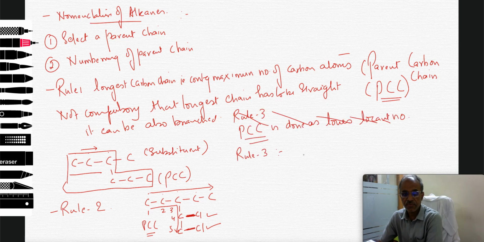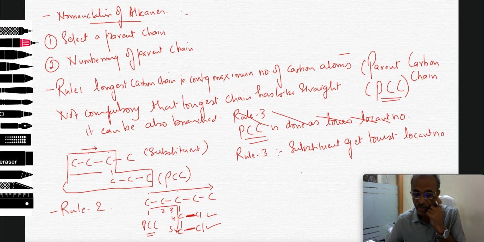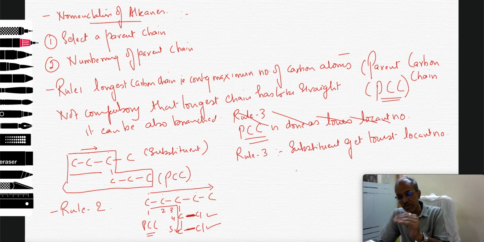In such a way that the substituent gets the lowest locant number. The numbering along the PCC is done in such a way that the substituent should get the lowest locant number. Take for example 1, 2, 3 and 4.